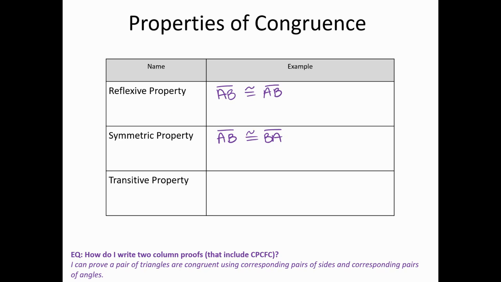All right, then the last one is called transitive property. And this one is a bit longer. It basically says if I know that AB is congruent to CD, so a totally different side here, and I also know that CD is congruent to EF, then there's a third statement I can make that says, then my AB must also be congruent to EF.